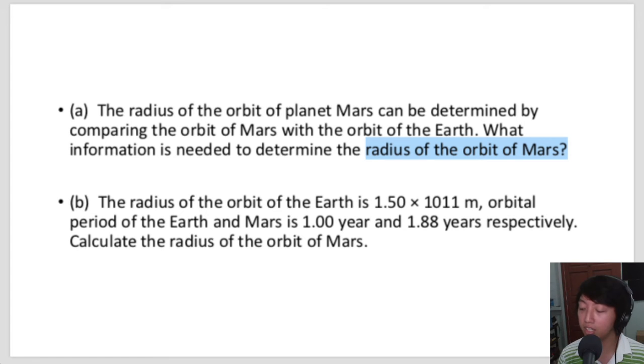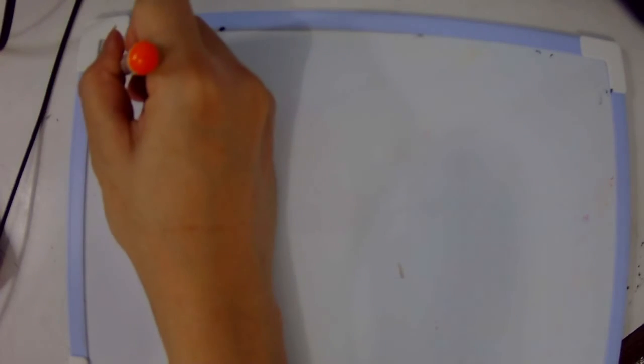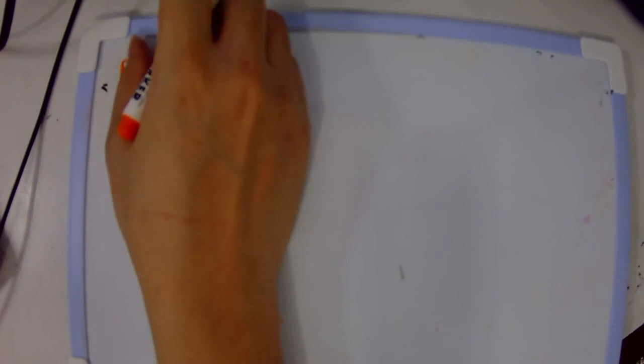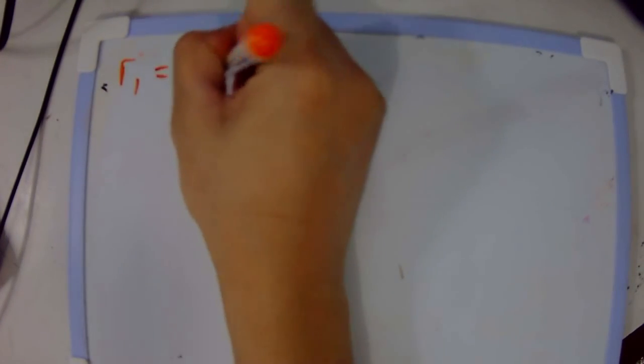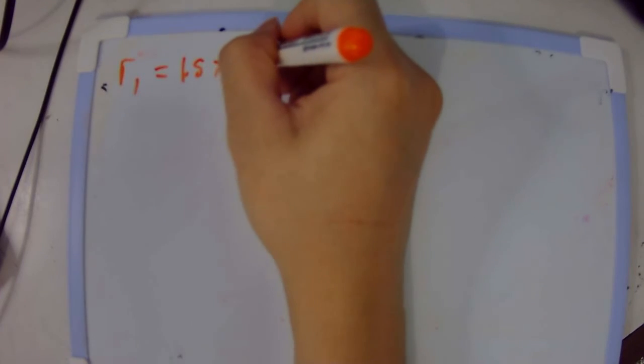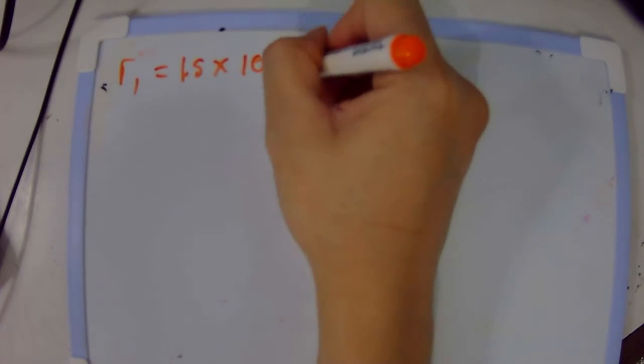So let's look at that question. Let's write it down one by one so that we can understand. The radius of the Earth, R1. What is the value of R1? R1 is already stated to be 1.5 times 10 to the power of 11 meters. So we already have R1.